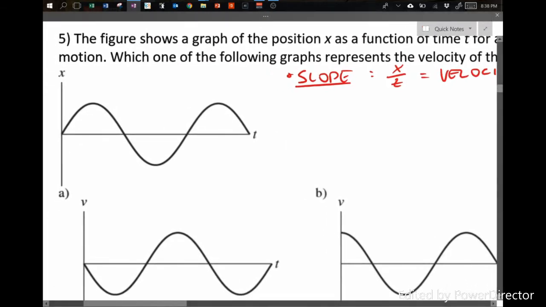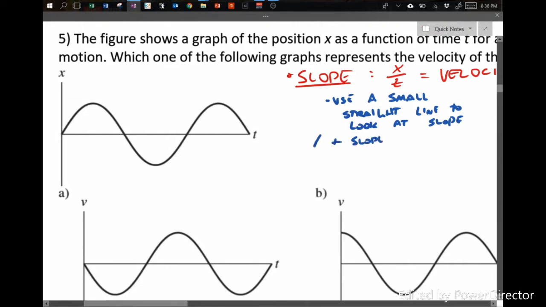So in terms of the slope, we'll do little tangent lines. We're going to use a small straight line to look at the slope. That's a positive slope.